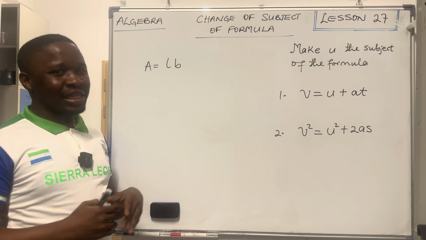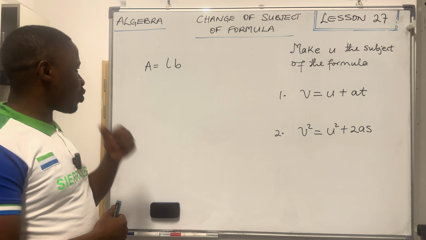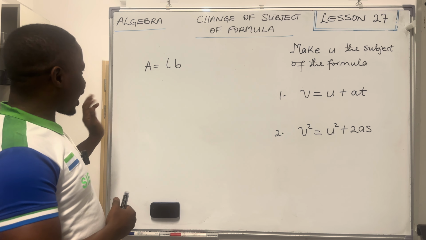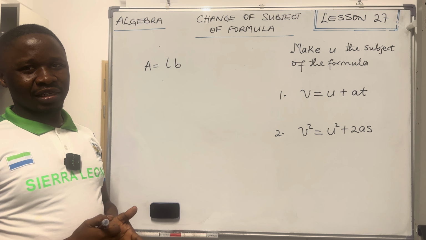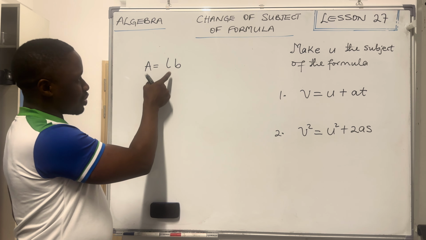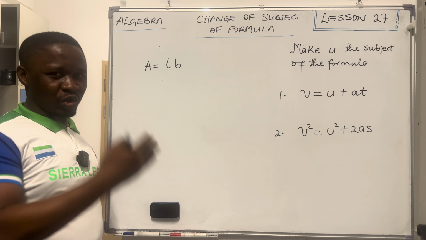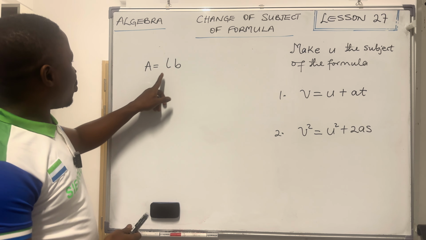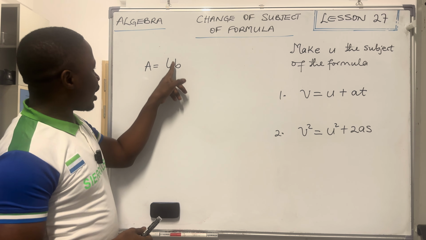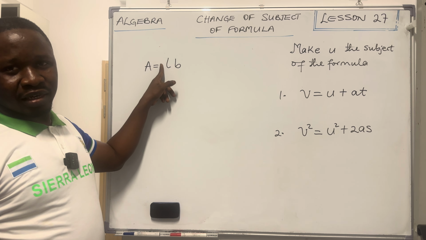But is it standing alone on one side? Yes, it is standing alone on one side. On the left hand side, you can only get A. So therefore, we can say for this equation, this relation, this formula, A is the subject. What is the power of L? 1. What is the coefficient of L? 1.